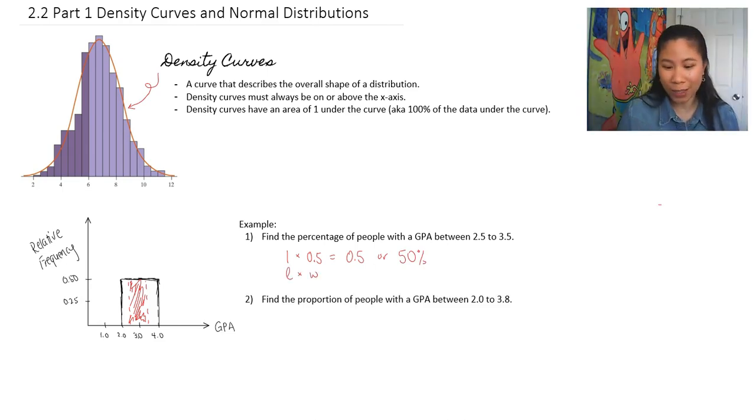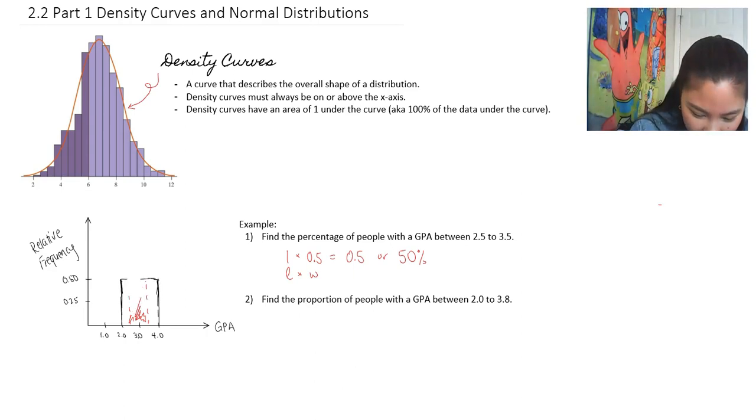Next I want to find the proportion of people with a GPA between 2.0 and 3.8. When you see the word proportion, it just means percent. Proportion, percent, fraction, decimal, all the same thing. This time, instead of looking at our density curve from 2.5 to 3.5, we're looking from 2, which is right here, to 3.8, which is here.